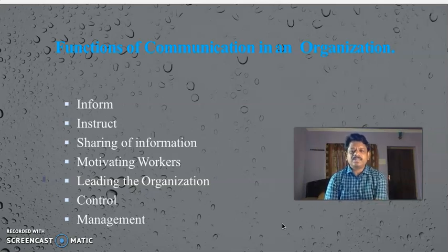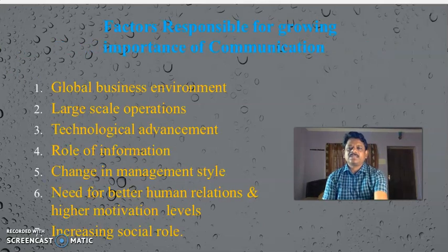In that way, when you want to lead the organization, or take it to the next level, there is a need for communication to spread across the organization. Communication is also used for controlling, and as a whole, management exists in the organization in the form of information, which is through communication only. These are the key functions of communication in the organizational setup.